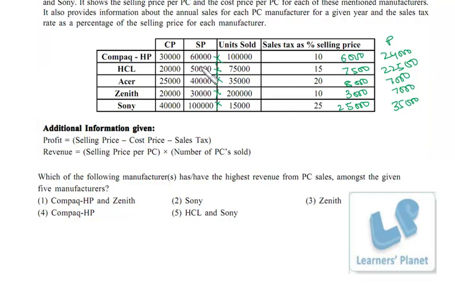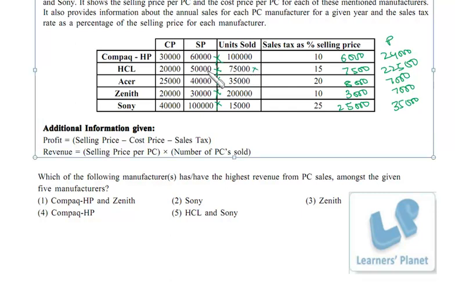We can compare, don't actually multiply. See, this is less and this is also less. So this is discarded because we will be getting a better product in the other case. This and this is also discarded. 60, 30. Okay, that is half and here it is double. So these two calculations are the same and this is 40% less and this is very less. Okay, so this is also discarded. So we have Compaq, HCL and Zenith with the same calculation. Okay, so don't go for actual multiplication, just observe.